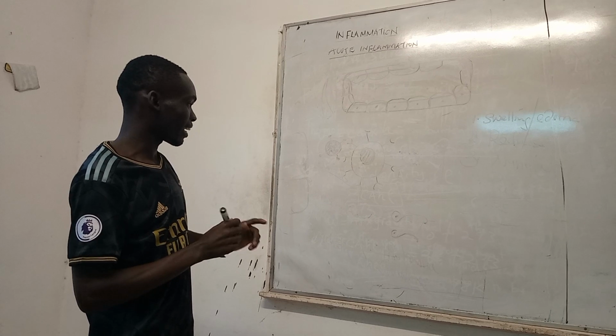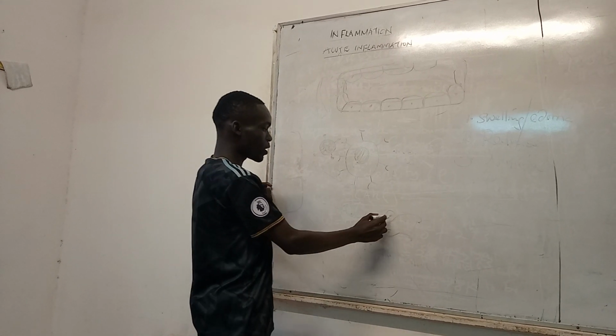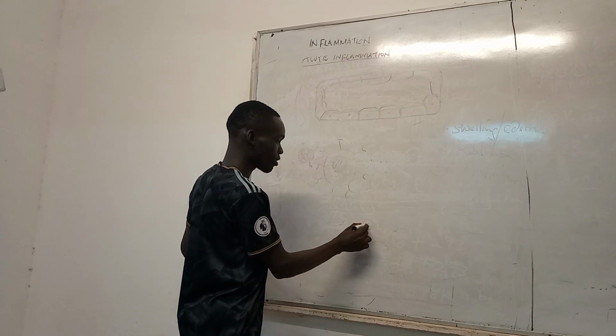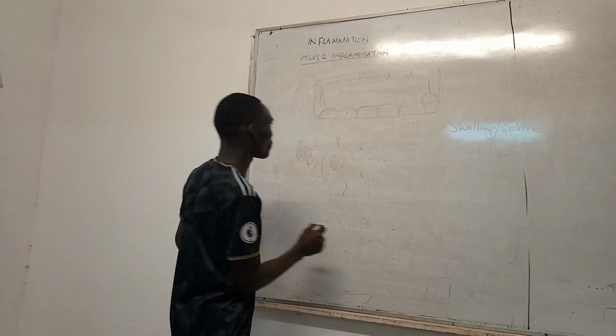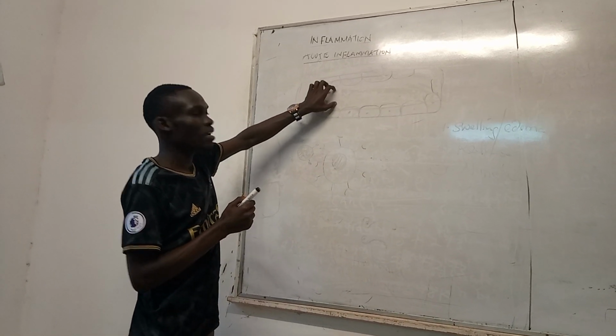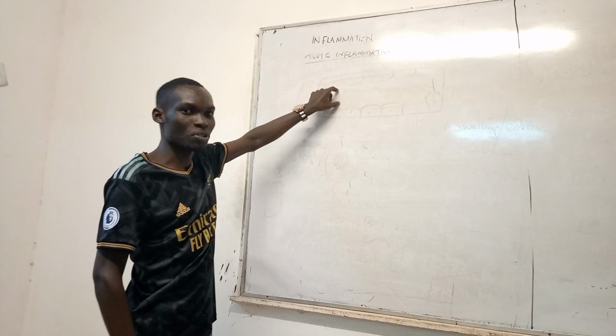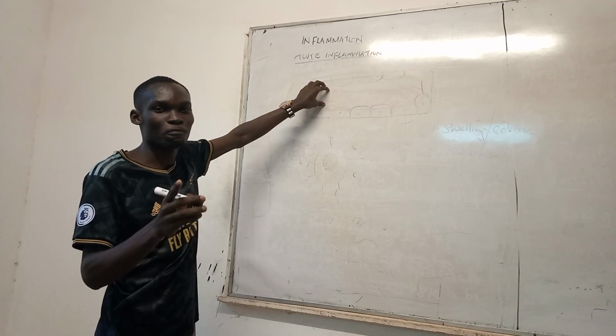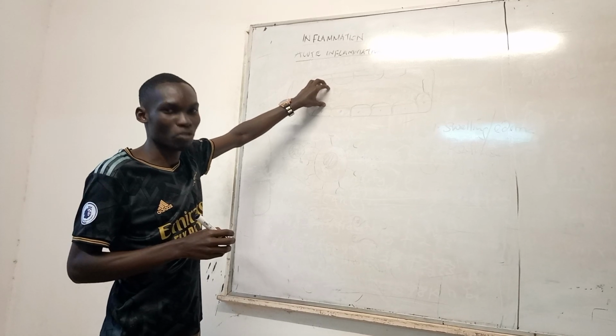Then again, we also have pain receptors over here, the nociceptors. And then in the vascular tissue, within the vasculature, we have factor 12. It's one of the clotting factors.